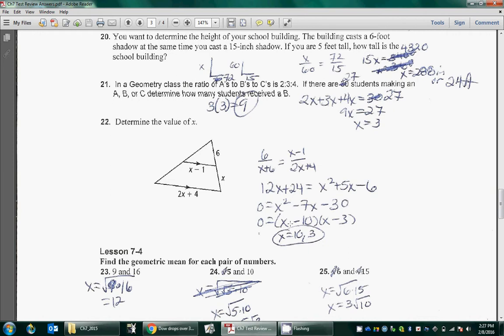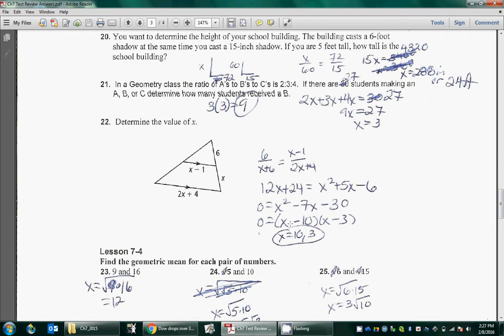So anyways, for number 20, it says you want to determine the height of your school building. So right there, I know I'm finding height, so I know I am not finding a total. It's not like find the perimeter, find supplementary angles, complementary angles, something like that.